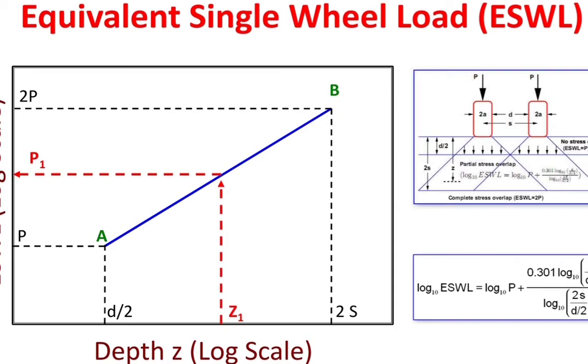So here suppose a dual wheel load assembly causes a certain value of maximum deflection delta at a particular depth, say Z, where depth is equal to the thickness of the pavement.